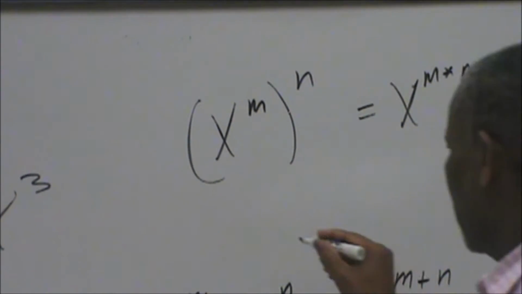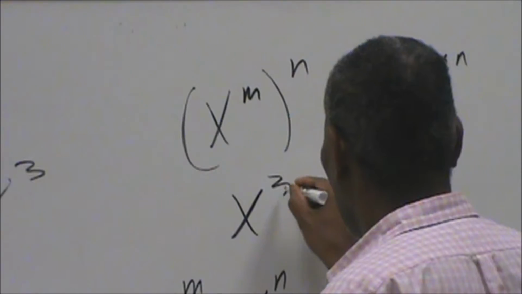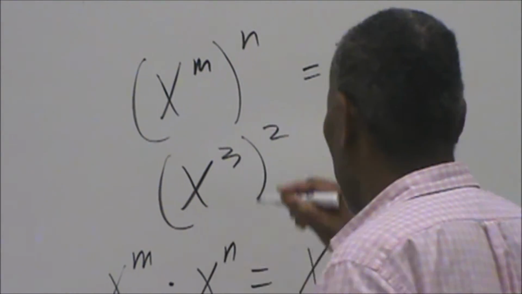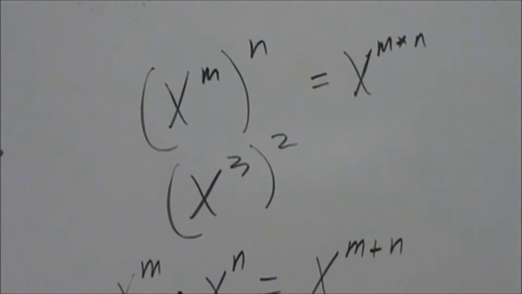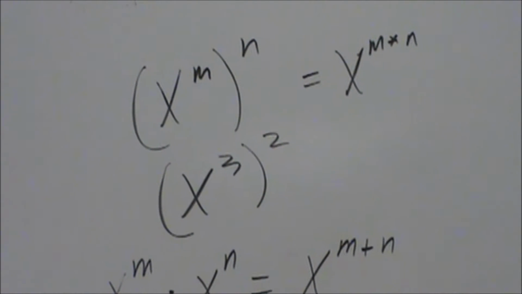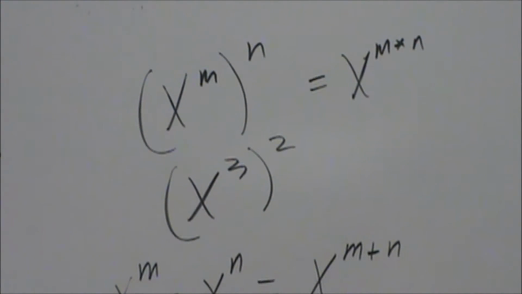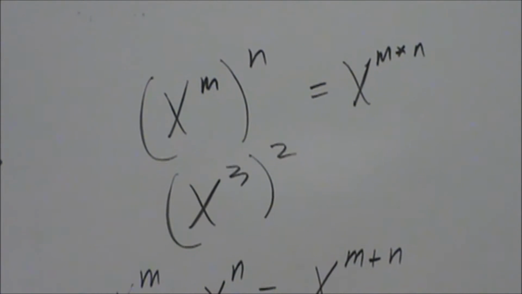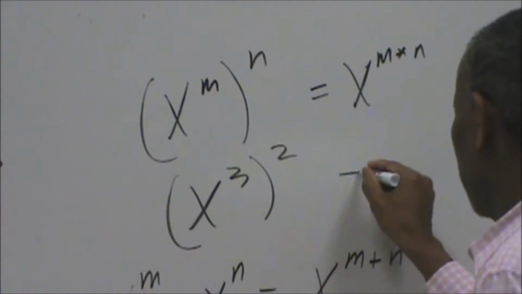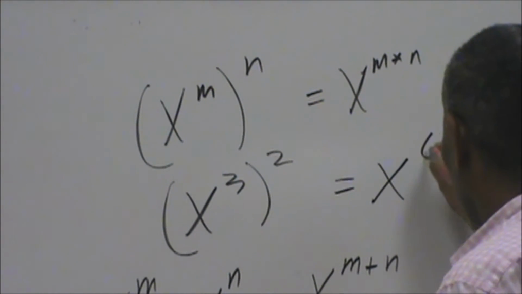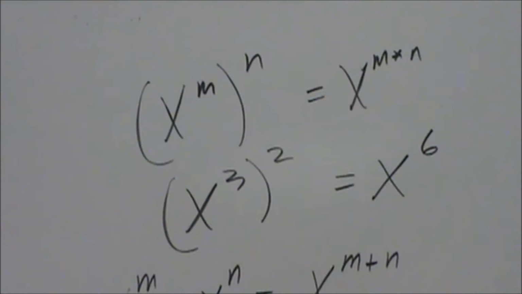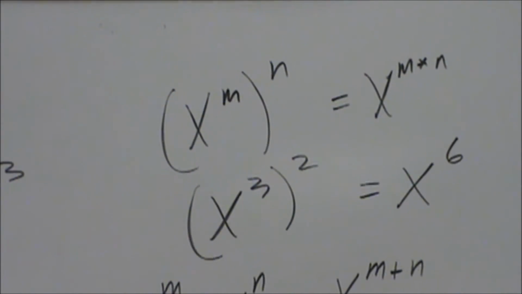So if you have x cubed squared, the answer is not x to the 5th. It's actually x to the 6th. So you gotta be careful what you're looking at.